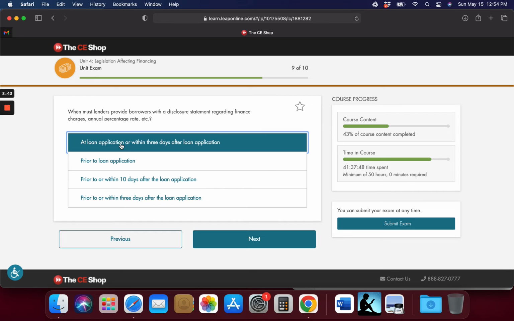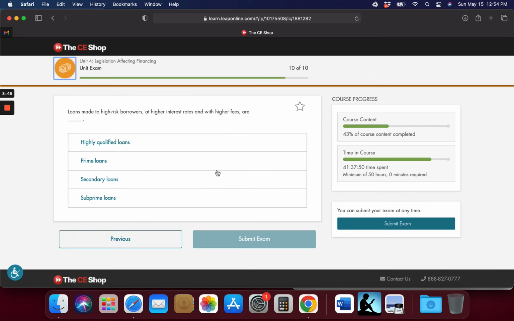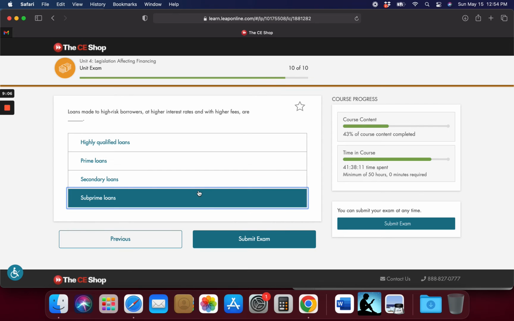I want to say it's the loan application. All right, loans made to high-risk borrowers, or at a higher risk interest rate, higher fees, are subprime loans. Maybe.